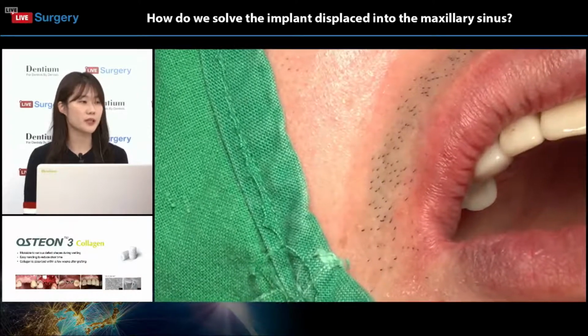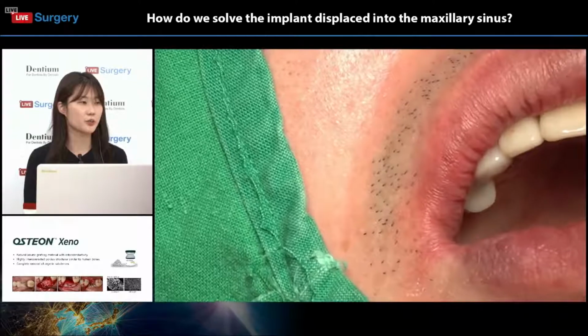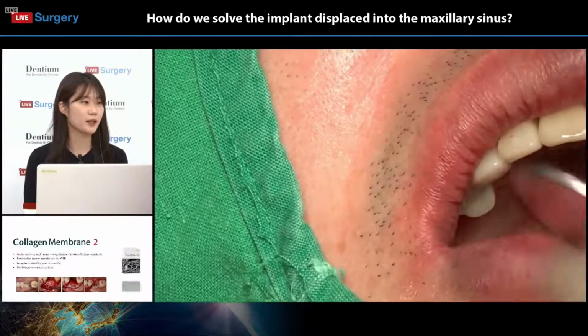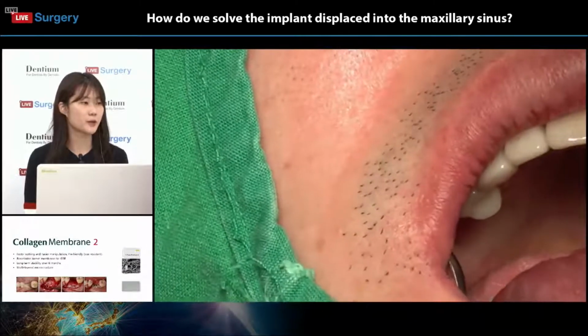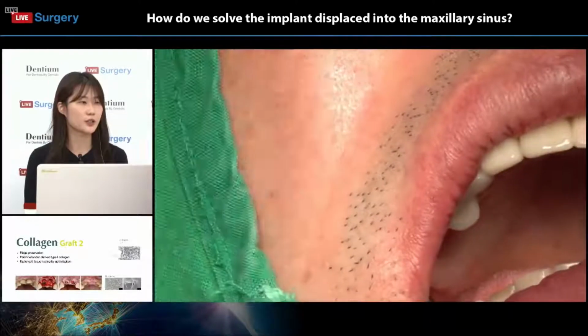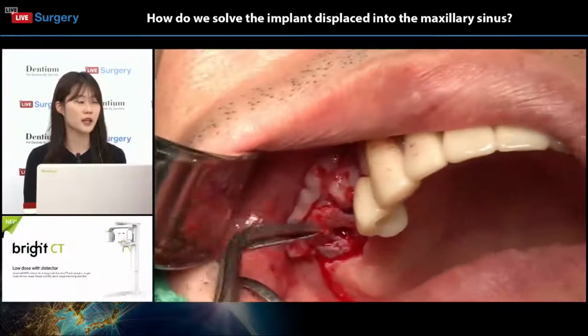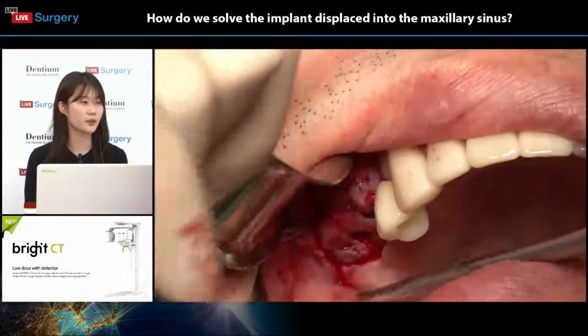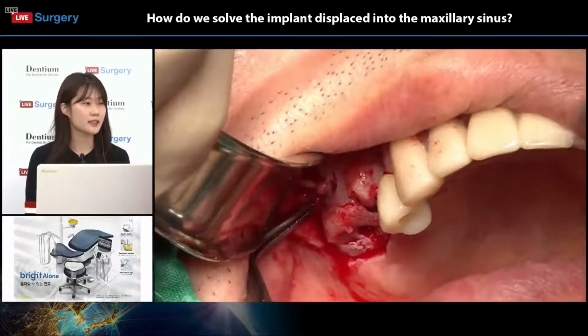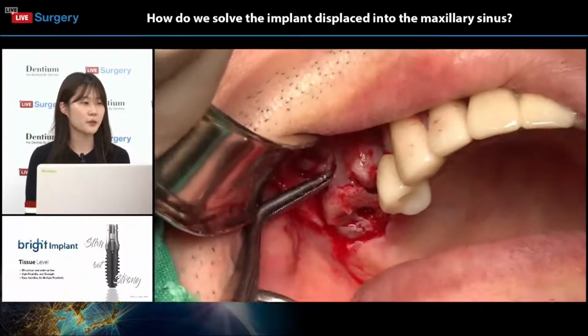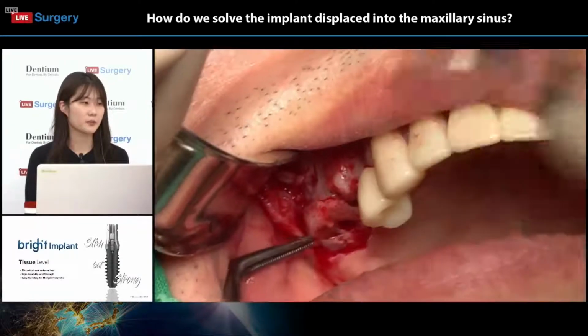The implant system we are using in today's live surgery is Superline, provided by Dentium. The primary reason for using Superline is to compensate for the scant amount and poor quality of the bone. We believe that there must be a reason for the displacement in the first place.